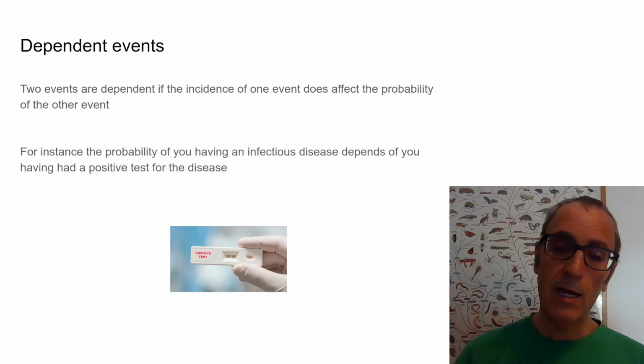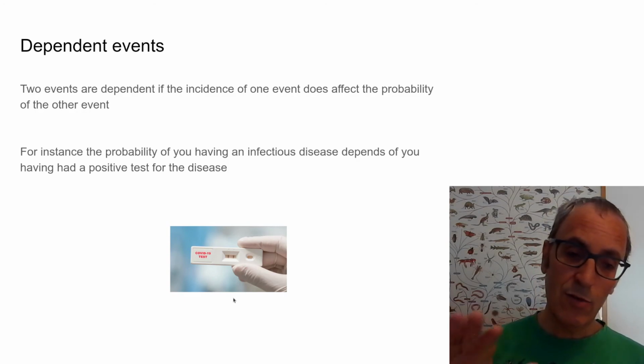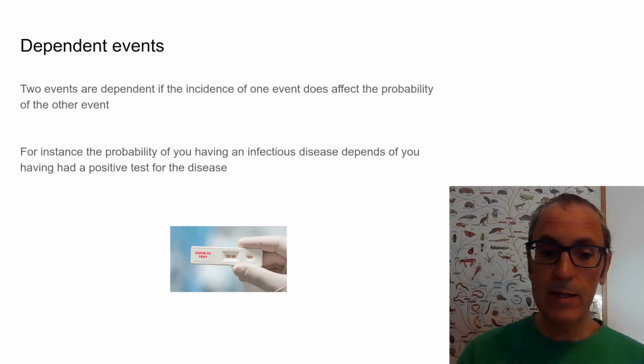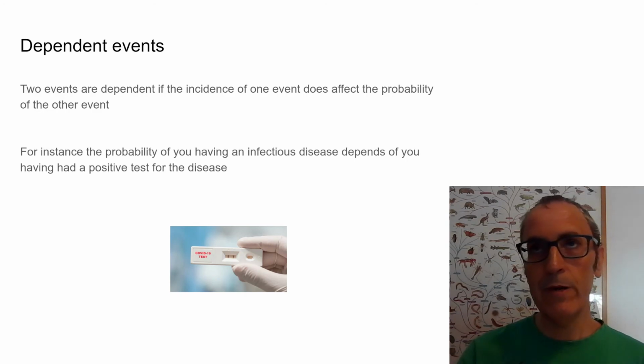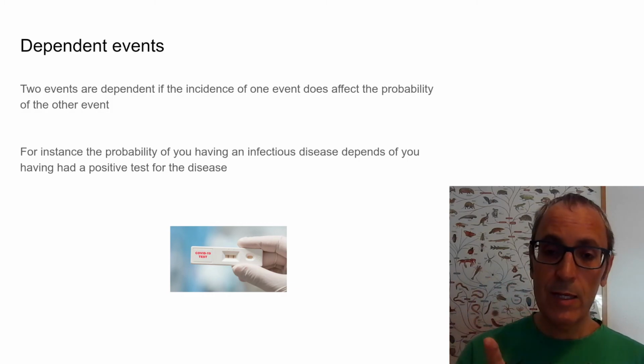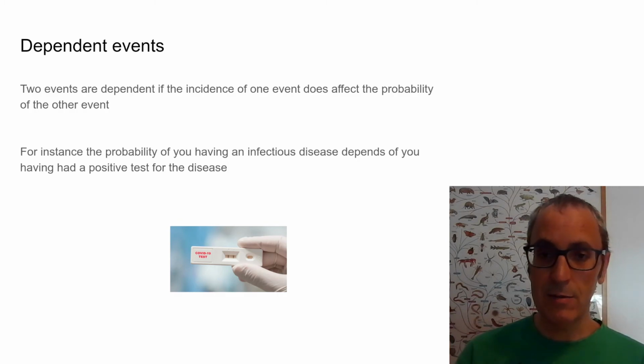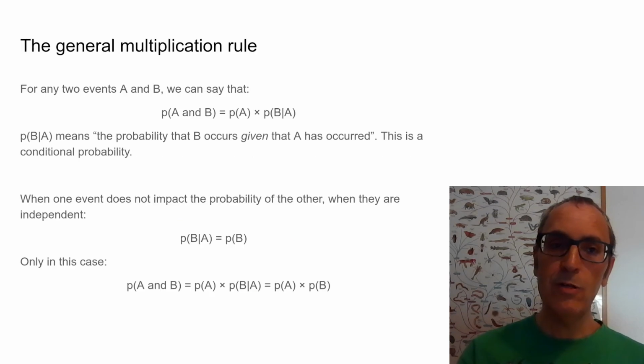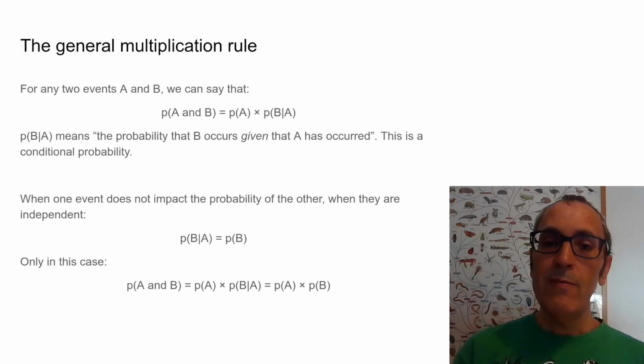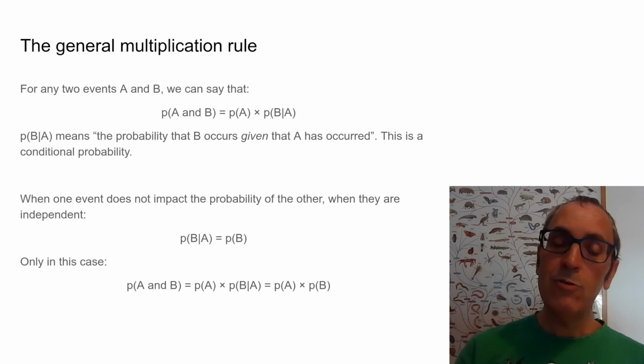For instance, the event of you being infected with COVID is not independent of you having had a positive test. These two events are clearly not independent. When you have events that are not independent, you cannot use the naive multiplication rule to calculate when both events happen.